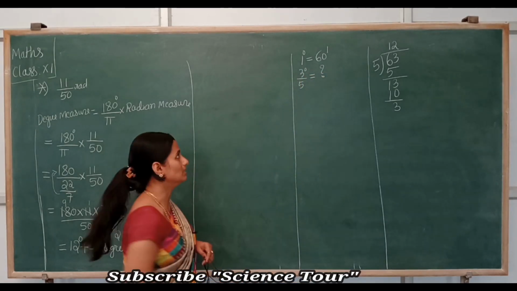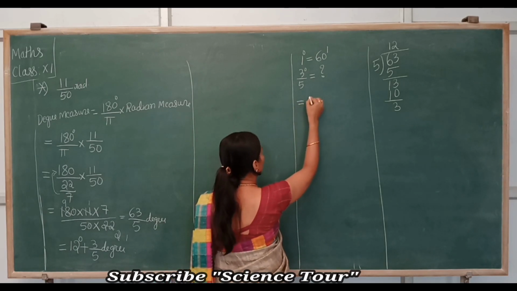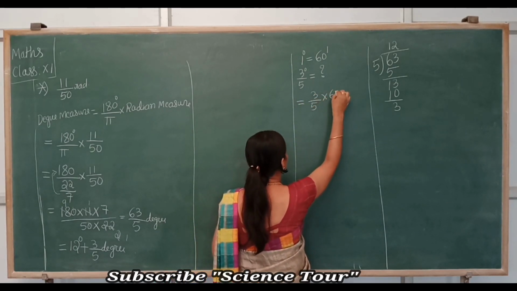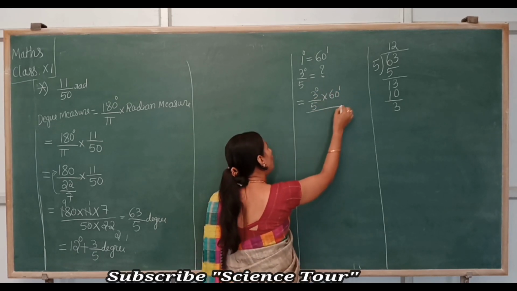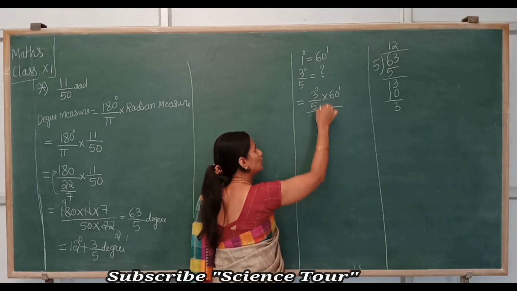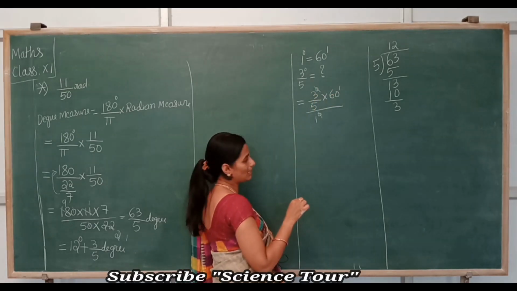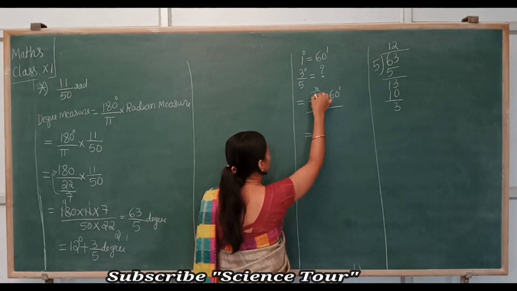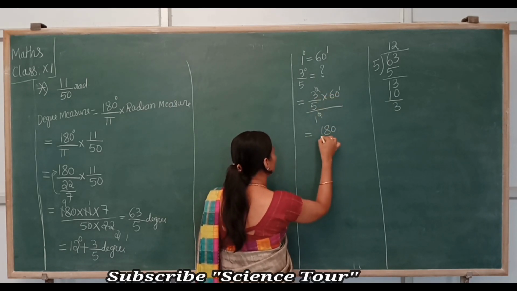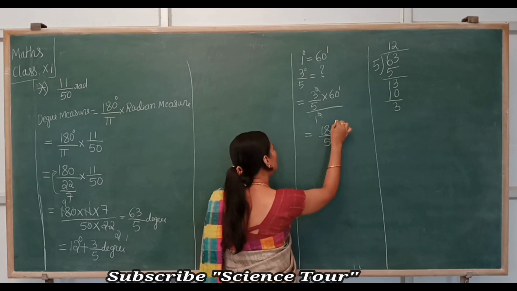That is equal to 3 divided by 5 into 60 minutes over 1 degree. Correct no? Now this degree unit and this degree unit get cancelled. So which is equal to 3 into 60 divided by 5 minutes.